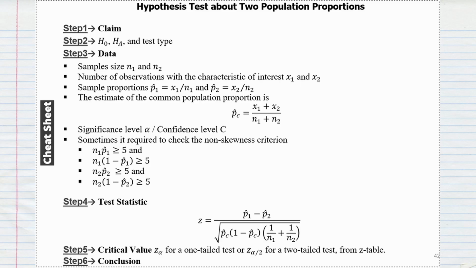You may want to check the non-skewness criterion to be able to assume the normal distribution. Step 4, calculate the test statistic with the shown formula. Step 5, find the critical value by using the z-table or Microsoft's Excel. And finally, Step 6, make a concluding statement.